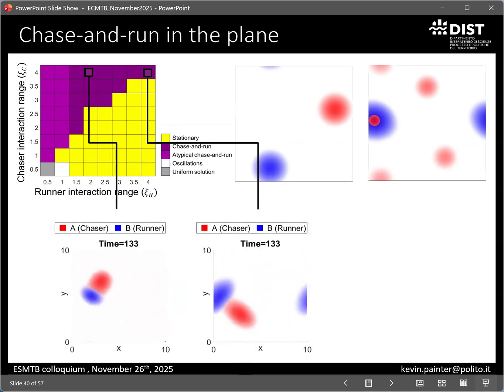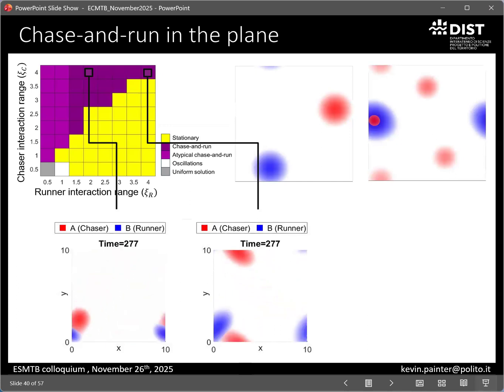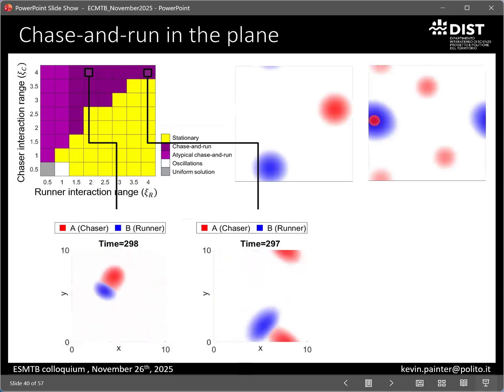So this again seems to reinforce that if you have this particular set of interactions with the appropriate interaction ranges, you can generate highly coordinated collective chase and run behavior. But 2D does turn out to be a little bit less robust than 1D because it brought out a variety of what we call exotic patterns as well.